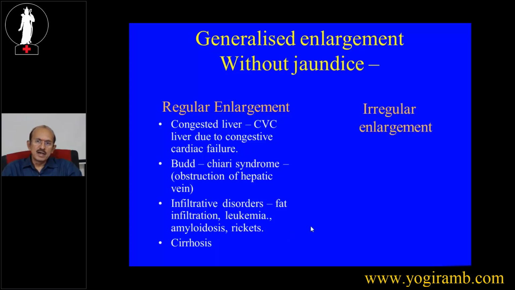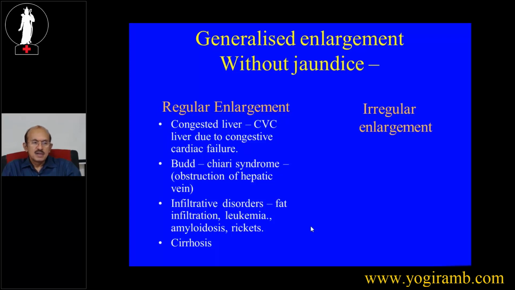Tell me the causes for generalized hepatomegaly which is irregular and there is no jaundice. Polycystic disease of the liver, very rare.